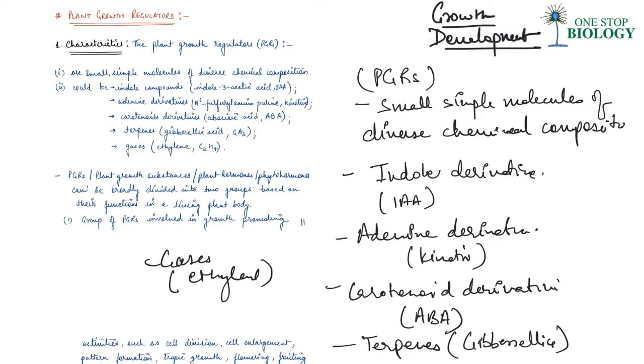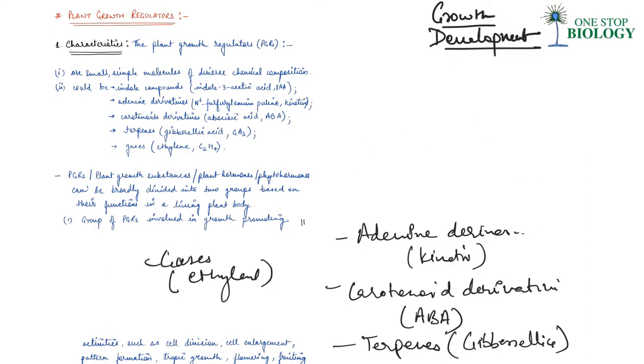Now, they are basically described as plant growth substances or plant hormones. They are also known as plant hormones or phytohormones. So these are also known as plant growth substances, phytohormones, or plant hormones.